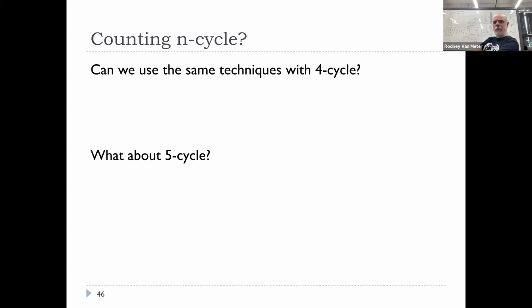So can we do the same thing for a 4 cycle or a 5 cycle, meaning a square or a pentagon? Can we count the number of squares or pentagons on a graph using the same thing? What do you think? Aman, what do you think? Could we use this same technique to count the number of squares on a graph?